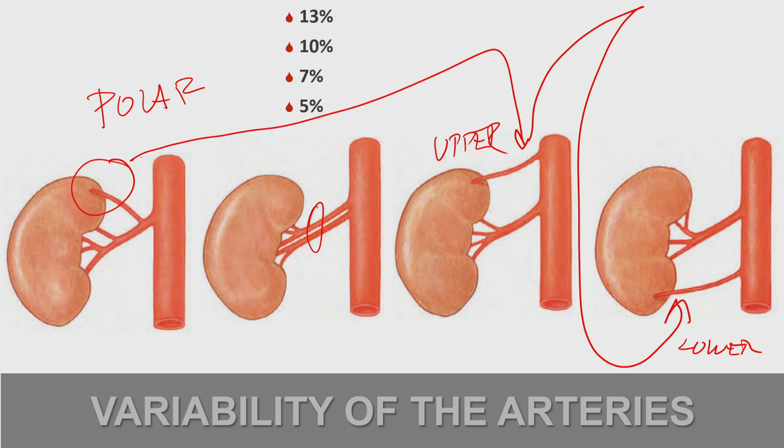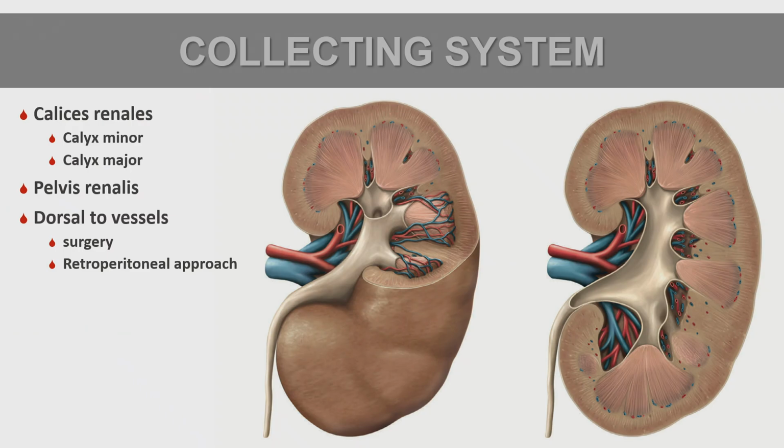The variability is very important in surgeries, in kidney transplantation, and also in resection of renal tumors, especially when they are done by laparoscopy or robotic surgery. So this is the blood supply of the kidney.